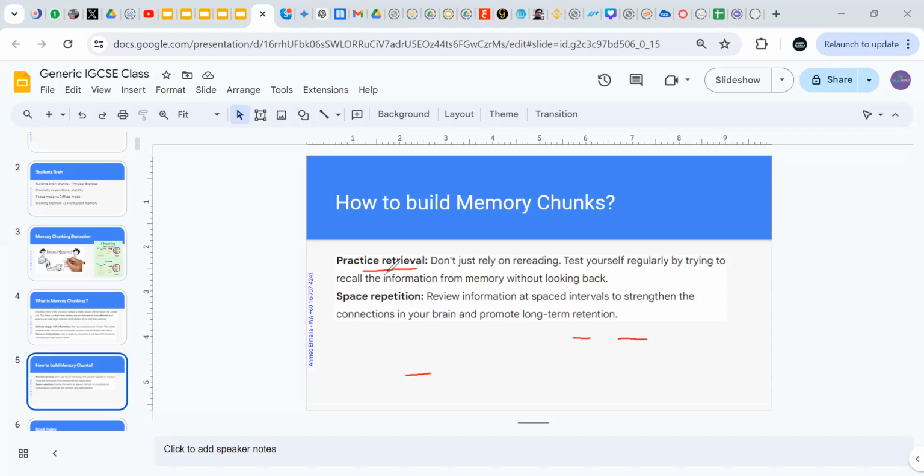When you do that, you strengthen the links of the information inside your brain, and it helps you in the recalling process. In the exam, you need to recall the information, and without practicing that, it will not help. So rereading the information definitely is not the way to go.